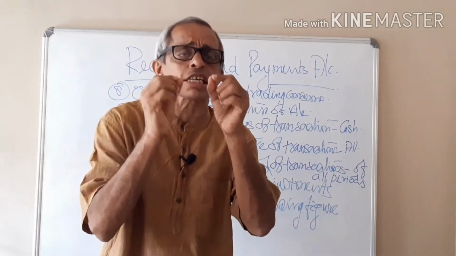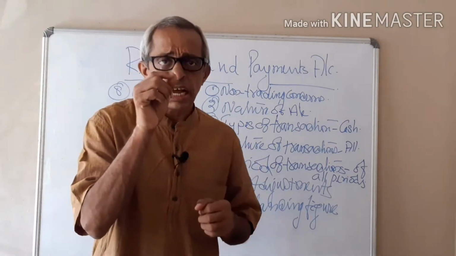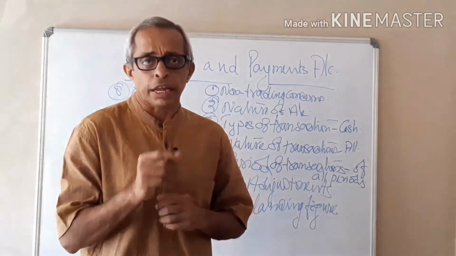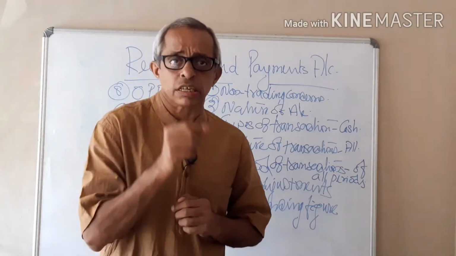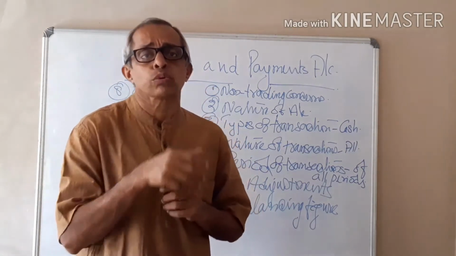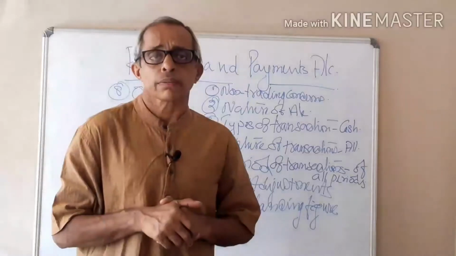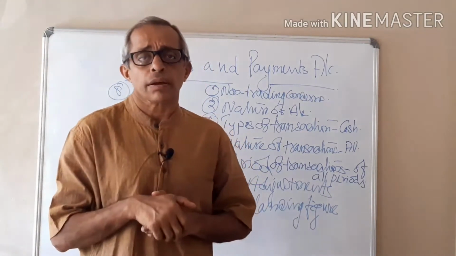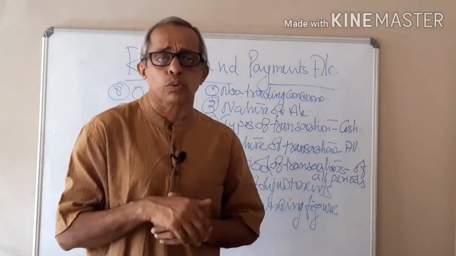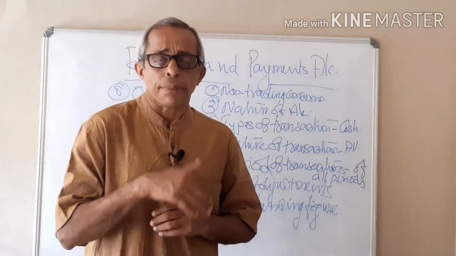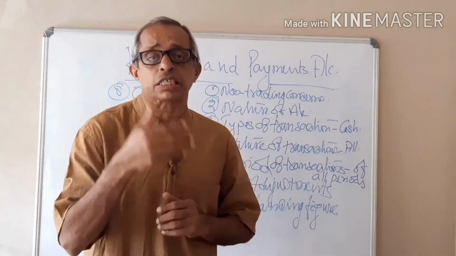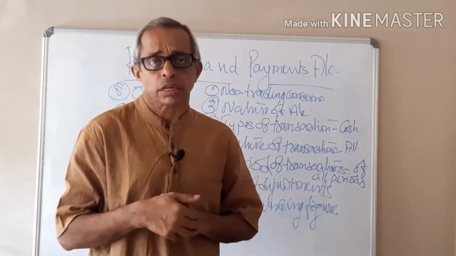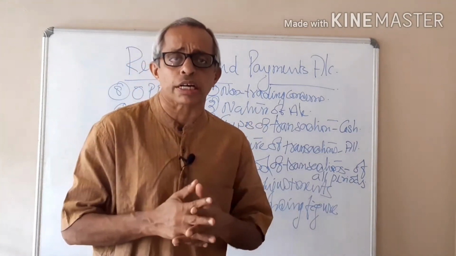What is shown in the receipts and payments account is receipts on the basis of head of accounts, namely receipts with regard to subscription, donation, sale of old materials, etc., and payments with regard to salaries, electricity charges, and purchase of items relating to that particular non-trading concern.